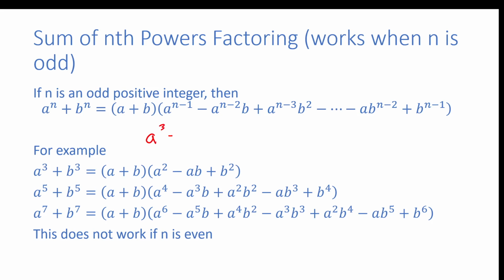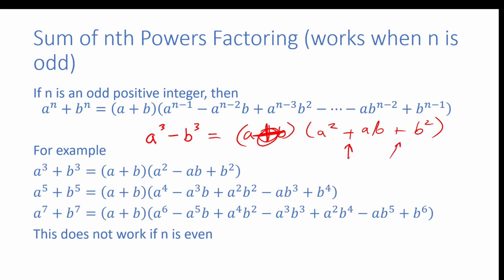What we learned on the last slide was that a cubed minus b cubed is a minus b, and then a squared plus ab plus b squared. And so now what we're going to do, we're going to change this to a plus, and then our second factor will alternate minus and plus. So we'll change that to a minus, and we'll leave that as a plus.